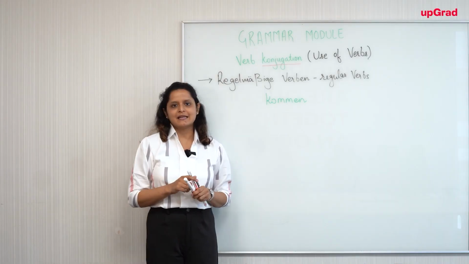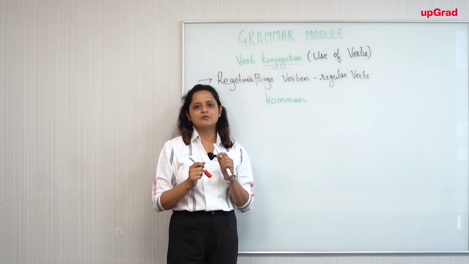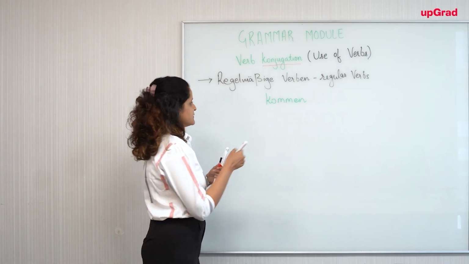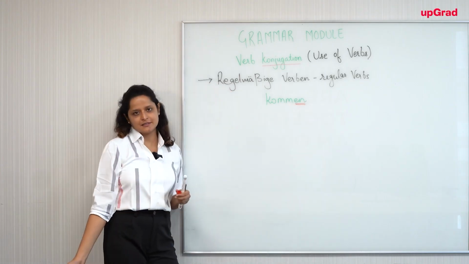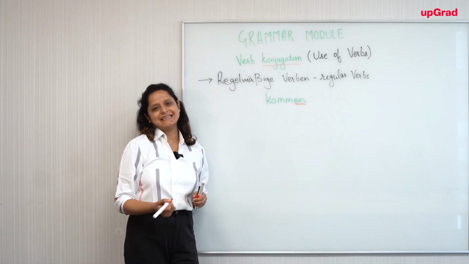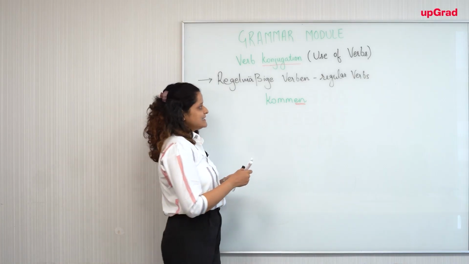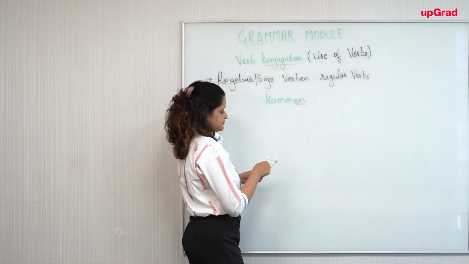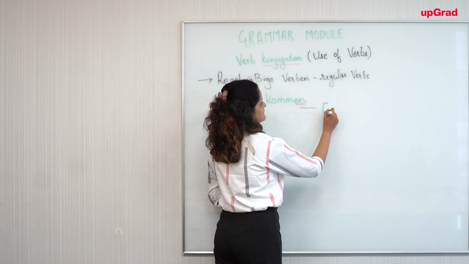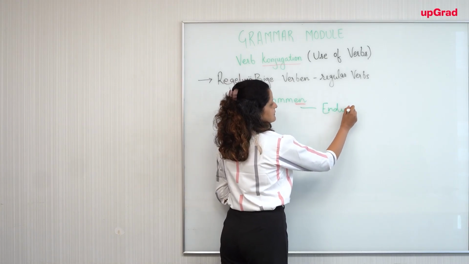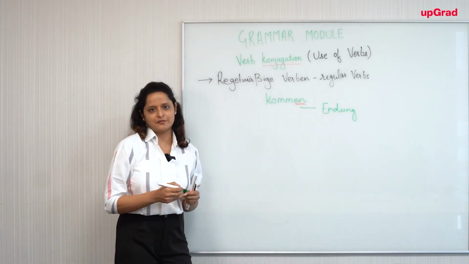Now, if you look at any verb that we have, a verb is divided into two parts. You will find all verbs in German end with en. This en is called the Endung, which is the ending of the verb.